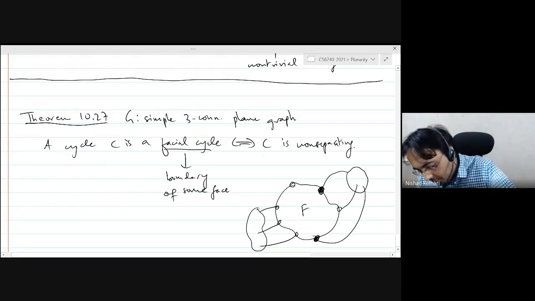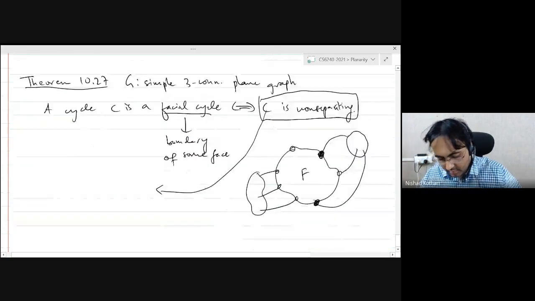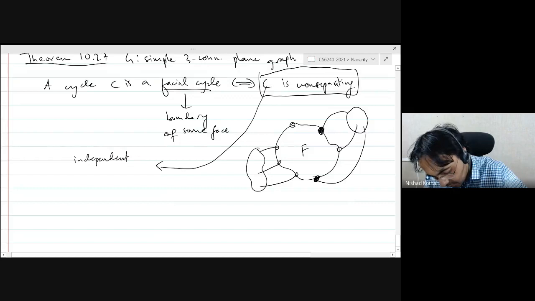And what I want you to note is that this part here is independent of any embedding, right?